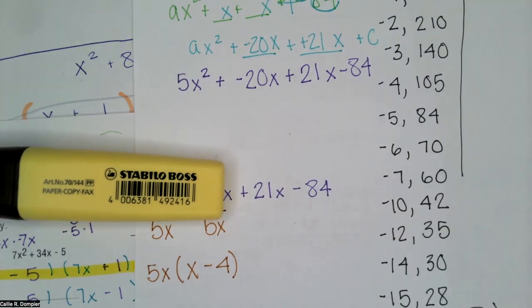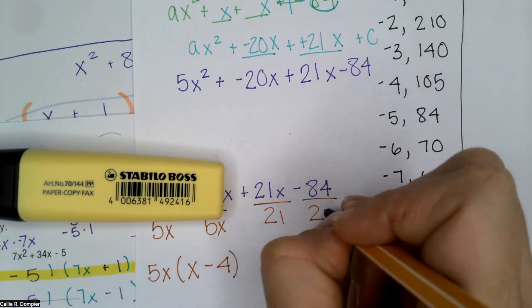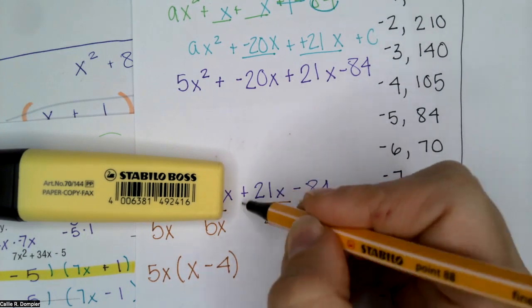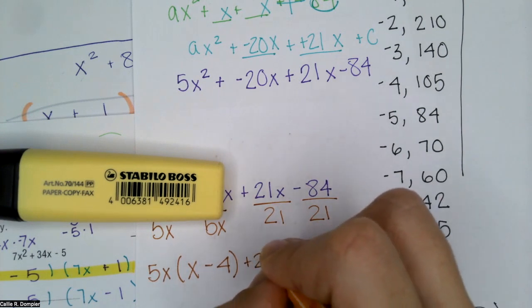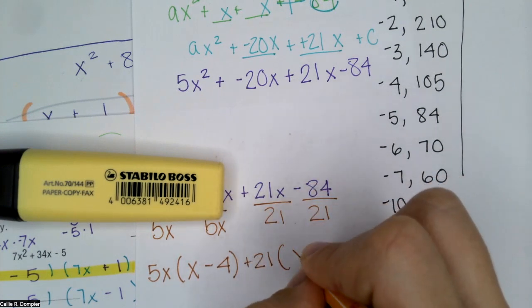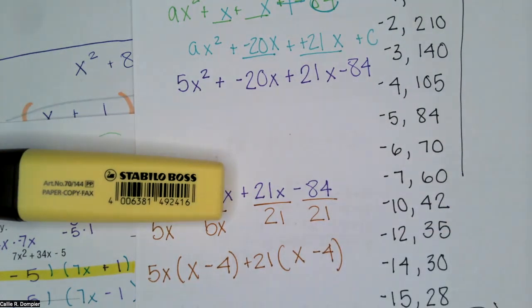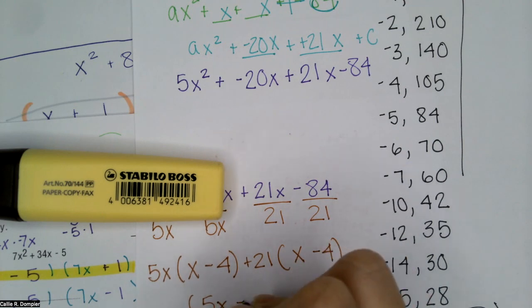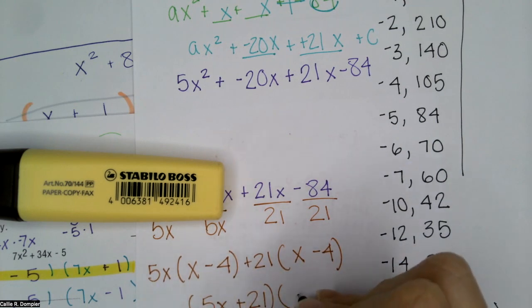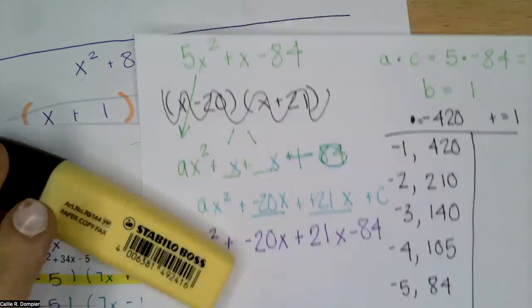Oh, you can, yay. So I'm going to remove the common factor of positive 21, because that's a plus sign. 21x divided by 21 is going to give me x. Negative 84 divided by 21 is going to give me negative 4. And what I get is 5x plus 21 times x minus 4 using the AC method.